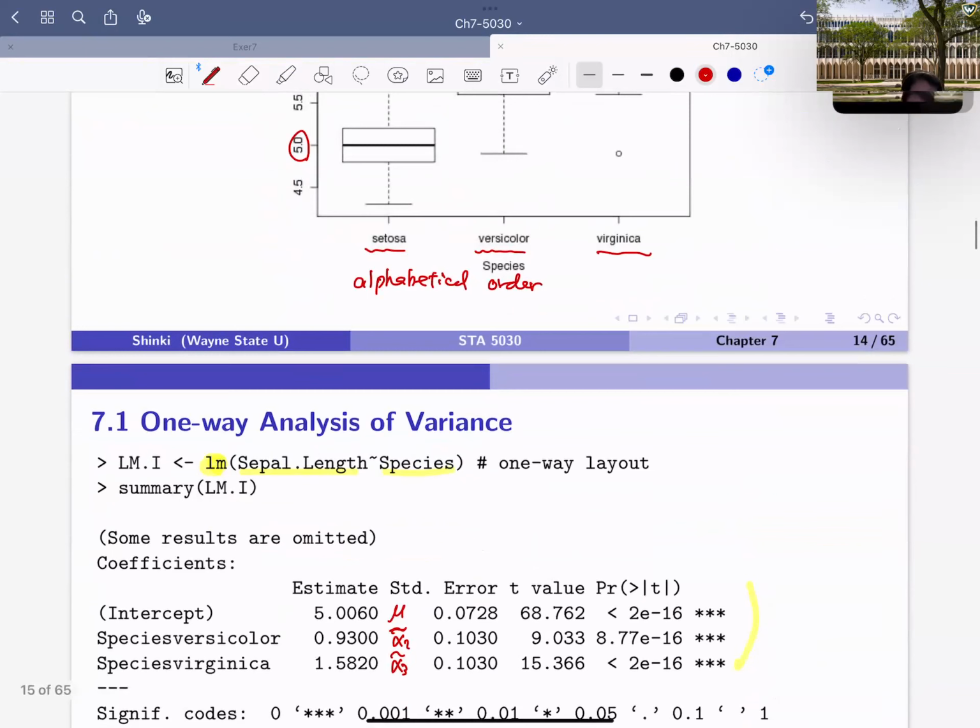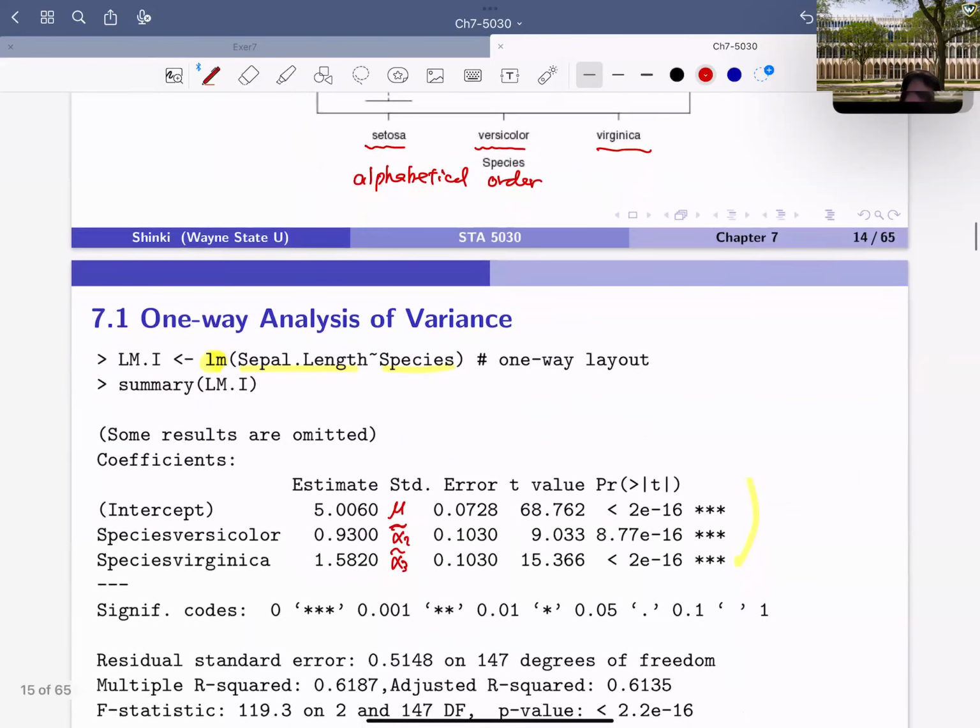We can change it using the levels option for a factor vector, but by default this is in alphabetical order. So we can see the level for the first group is 5, and this is the difference: the mean of group 2, versicolor, minus the mean of Setosa.